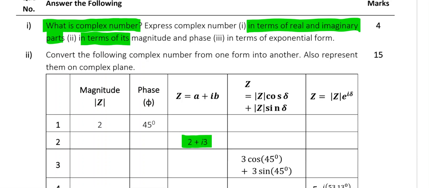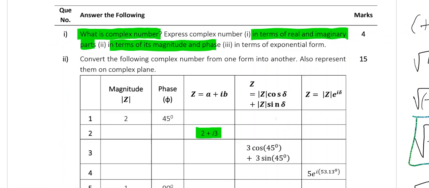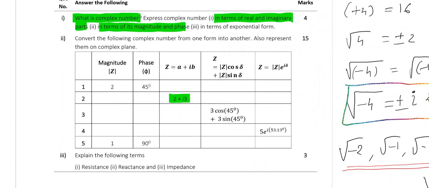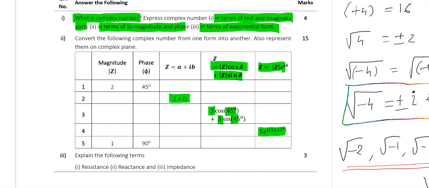In terms of magnitude and phase, so this is magnitude and phase. In terms of exponential form, this is the exponential form. So these are three different ways of expressing a complex number, and then you should be able to convert it from one form to another. So that is all we need to know about complex numbers, and that is all for now. Thank you.